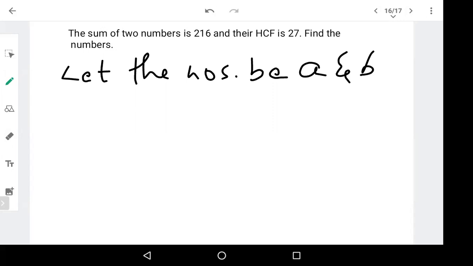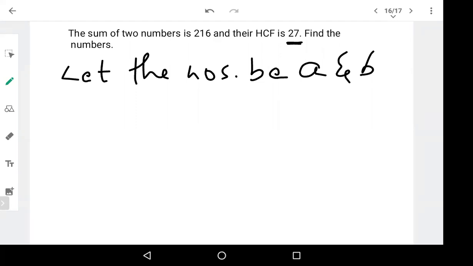Now, when we are talking about HCF, this 27 is common with both A as well as B. Yes or no?